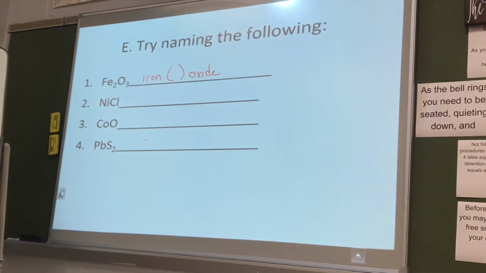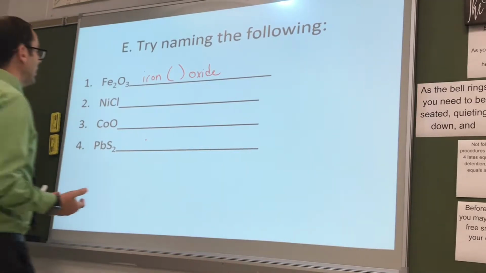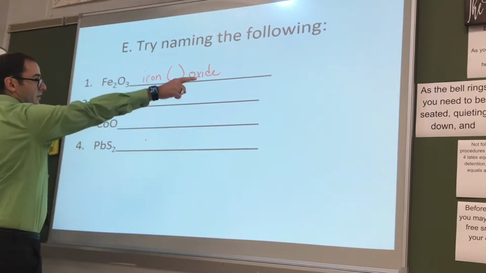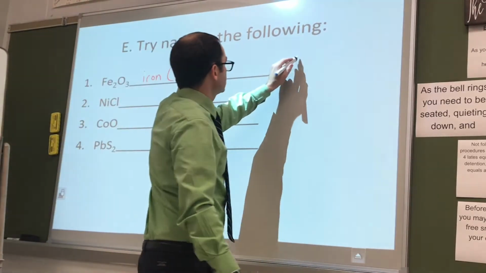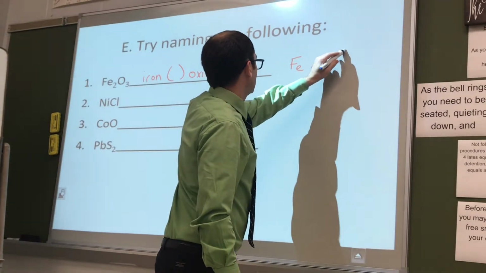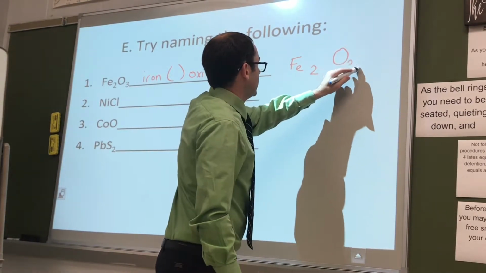And then this. Now, we need to figure out what goes in there, okay? So to do that, you actually do what we just did with that whole grid thing, but you're gonna work backwards, all right? So you fill in what you know, and then you get the answer. So I'm gonna write this over here just so it's a little bit bigger. So we have Fe2O3, all right?